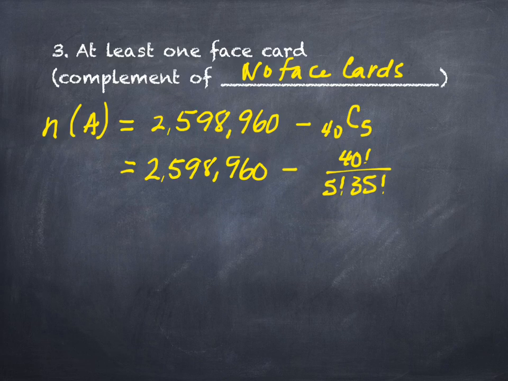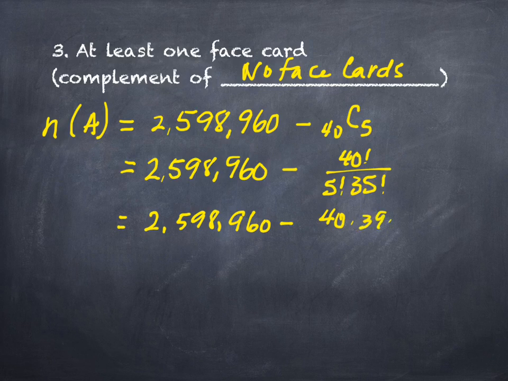All right, then. I've got my 2,598,960 minus. So what do? I'm going to start with 40, where I'm going to stop, 35.